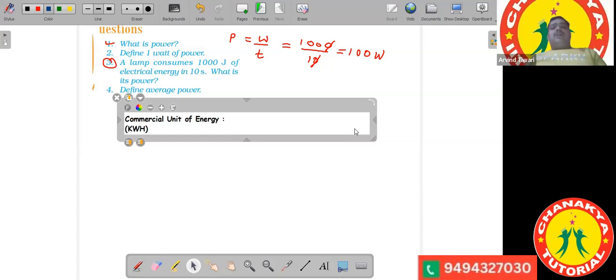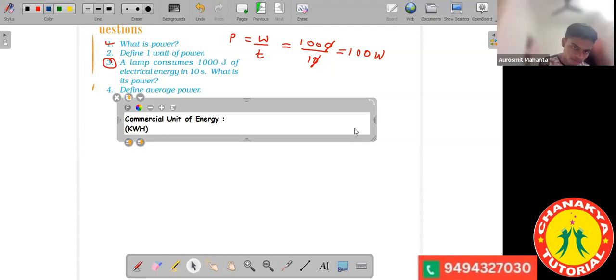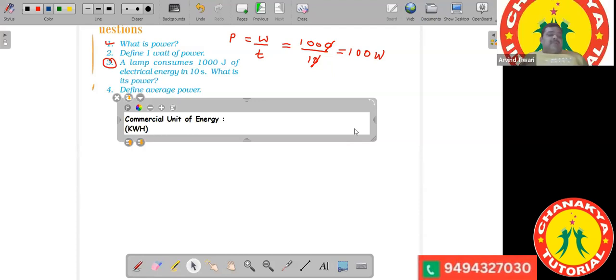Now here, why do we need a commercial unit of energy? Do we purchase energy anytime? Yes, sir, we do purchase energy. Can you give any example of when we purchase energy?